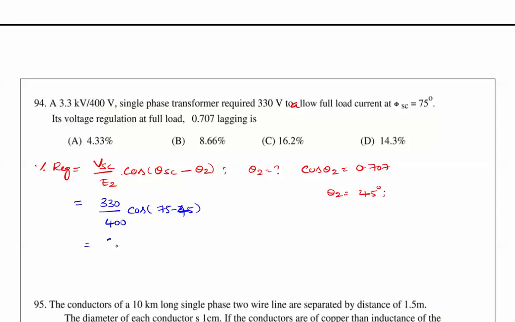So 330 divided by 400 into cos 30, so we will get 0.8666. In percentage we can say 8.66%. So this is the answer.